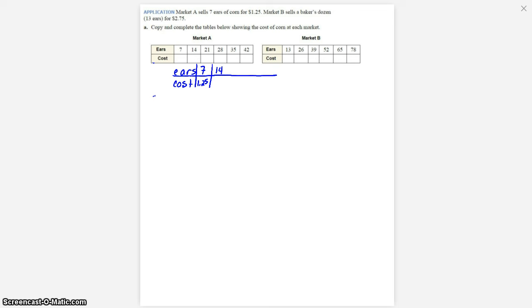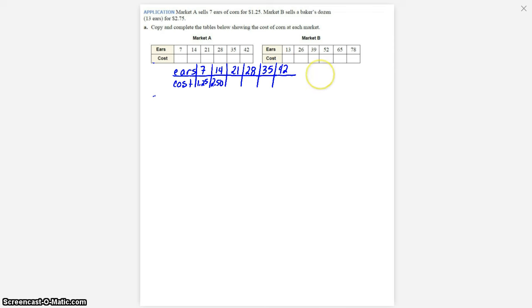So $1.25 and $1.25 is $2.50, and we're going to just keep going up like this. It goes 21, 28. It's going up by 7 each time, right? 35 and 42.